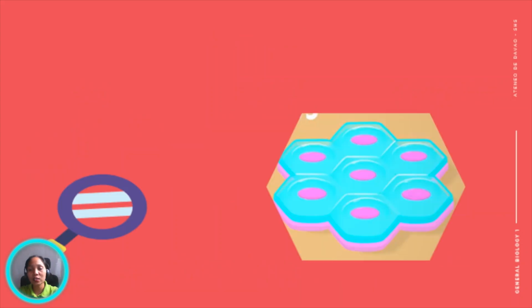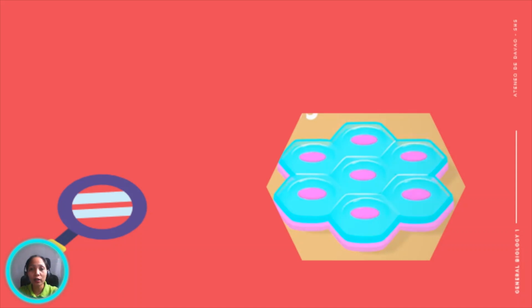How about this one? Can you name this? Try to look at or identify the number of layers. Is it single layer or multiple layer? And how about the shape of the cell? Does it look like a flattened shaped cell, or a cube-shaped cell, or a tall and thin shaped cell, which is the columnar?